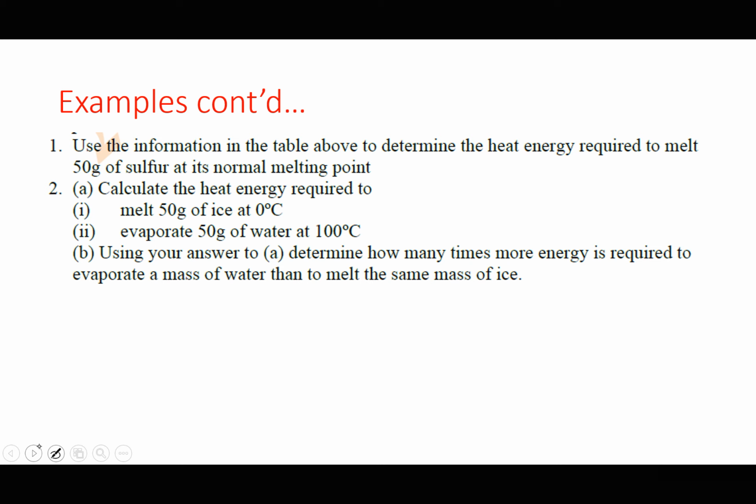Example number 1. Use the information in the table above to determine the heat energy required to melt 50 grams of sulfur at its normal melting point. So you want the amount of heat energy required to melt 50 grams of sulfur at its normal melting point.